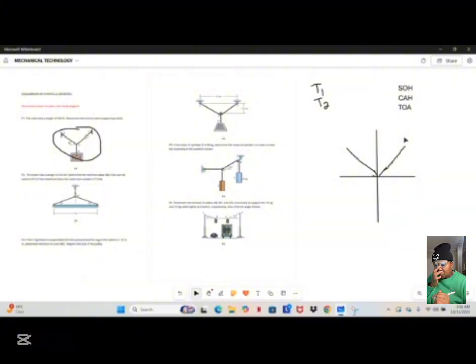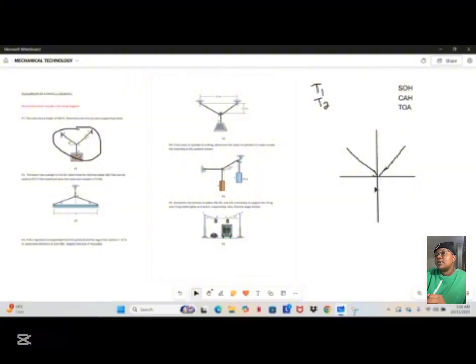So we know that SOHCAHTOA is sine over hypotenuse, cos, which is normal. Sine is opposite over hypotenuse, and then cos is adjacent over hypotenuse, and then tan is opposite over adjacent. Okay, let me increase the brightness here.